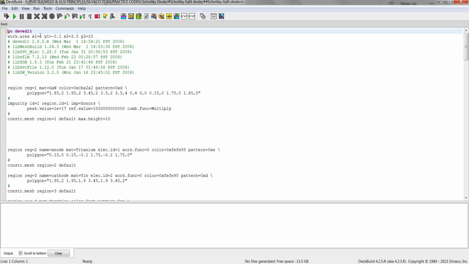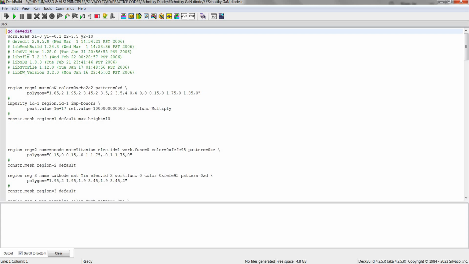We defined a work area. I don't really want to go into the details of the code because we discussed the code part in detail for the PN junction diode lecture. So I will just run through the simulation.